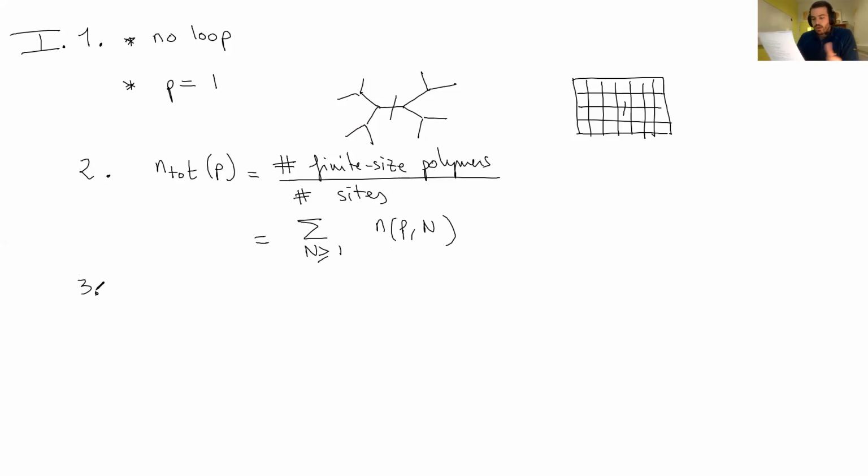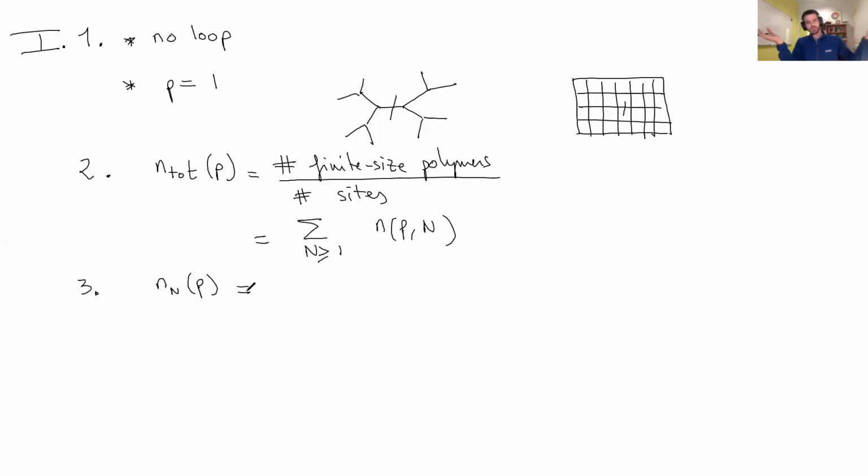We would like to know the probability of a given finite size polymer to be actually an n-mer. Let us call that, I don't know, nn, for instance. What is the probability of a given polymer? So I take my gel, or my system. It's not necessarily a gel for now, but my system, which is the topology I've presented to you, with some activated bonds with a probability P. And I pick a molecule.